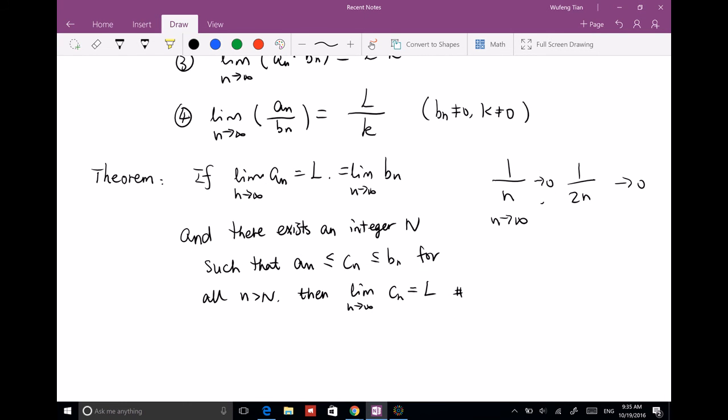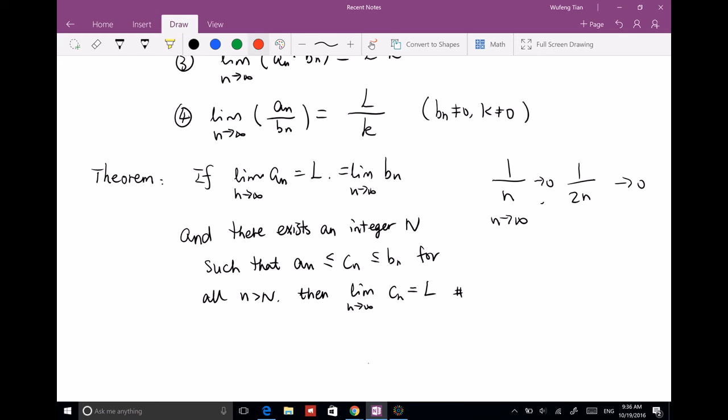So after a certain point, cn is between an and bn, and both an and bn converge to the same point, then cn will converge to the same point as well.